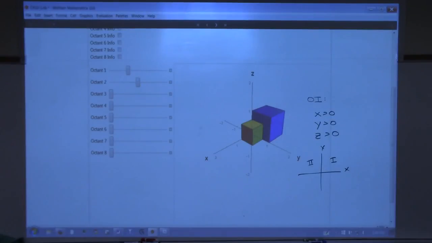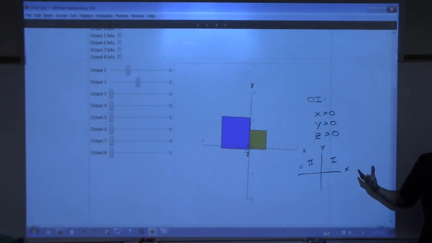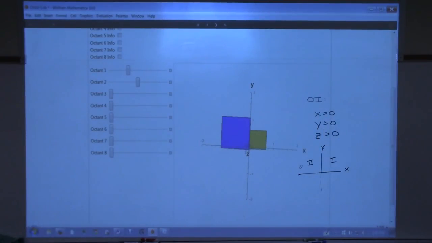If we look at this from the top, that's what I was trying to say. If we get it back to look kind of like two-dimensional space, x, y, octant 1 is exactly where quadrant 1 is, except coming out at us. And then octant 3 is behind that one.